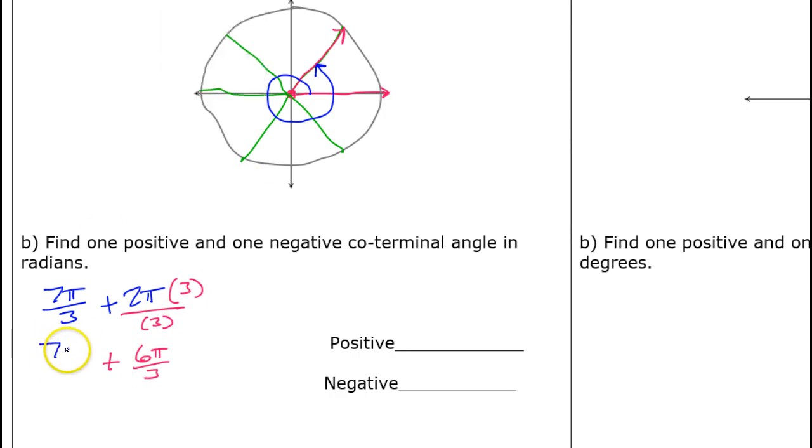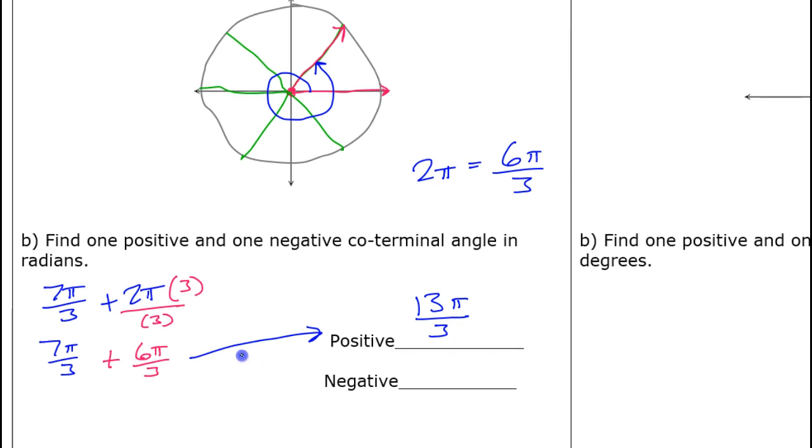So if I take my 7 pi over 3 and add the equivalent of 2 pi, going all the way around the circle, that's going to be 13 pi over 3. So that gives me a positive coterminal angle, 13 pi over 3. Keep in the back of your mind that 2 pi is equal to 6 pi over 3, because I'm going to use that fact again.